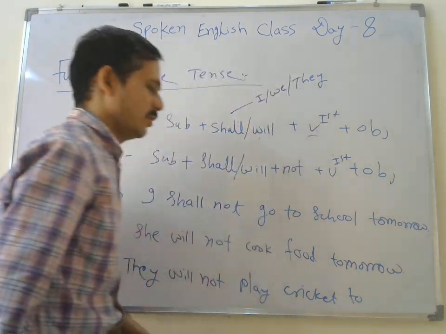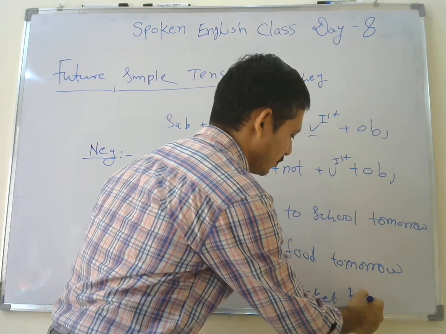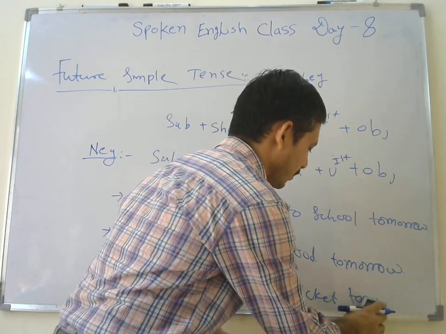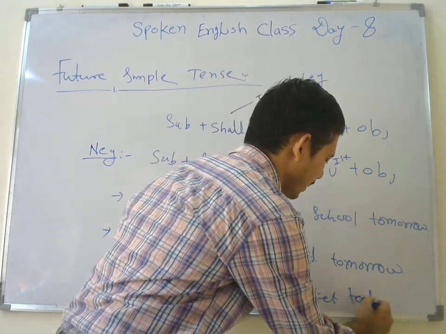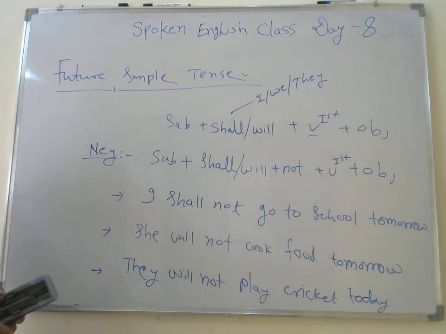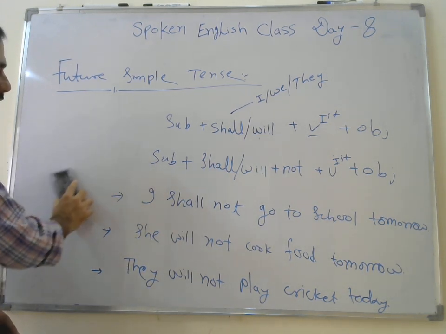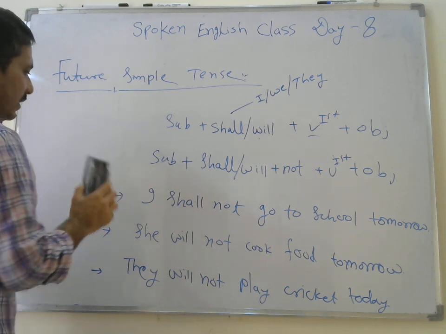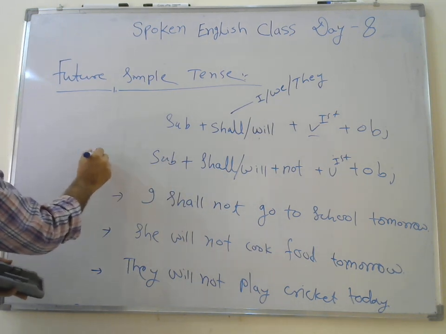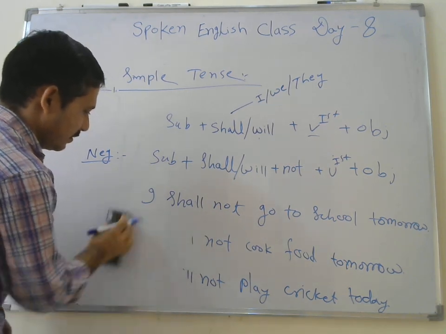Maybe they are talking about the activity this evening, so they will not play cricket today. Today means the later part of it. Okay, these are your negative sentences, right, friend? This is the structure. Let's keep the structure like that.